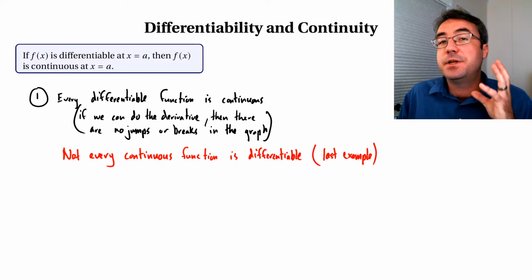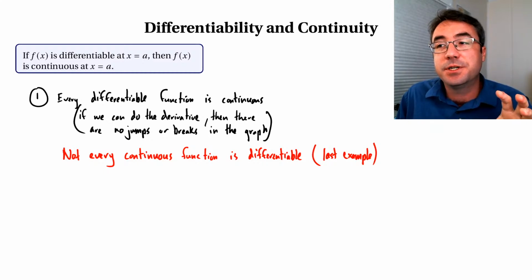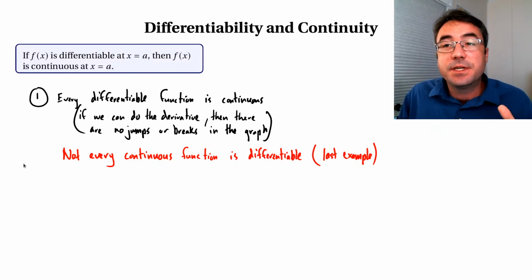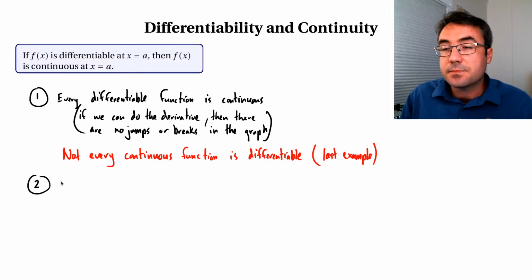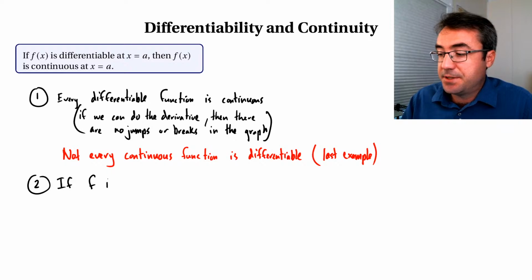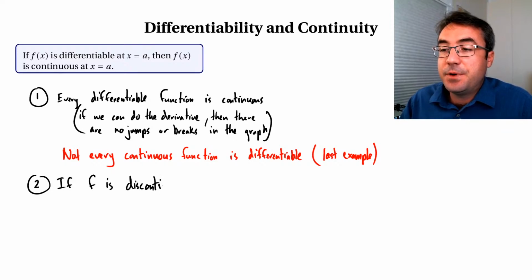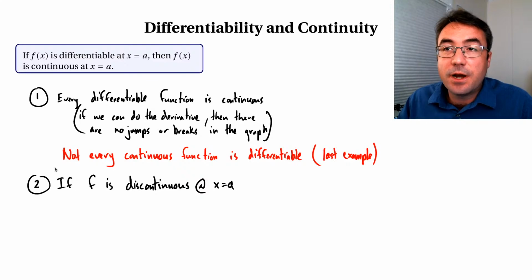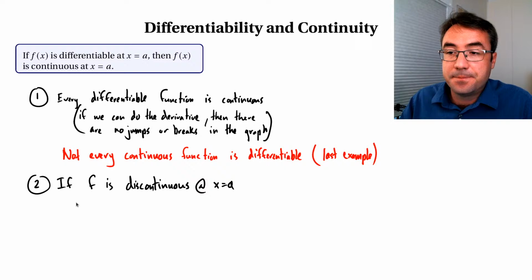All right, so if we do have a differentiable function, then we automatically know it's continuous. But if we know f is discontinuous, so if we know that our function is not continuous at x equals a, well then we can automatically conclude that it's non-differentiable there as well.